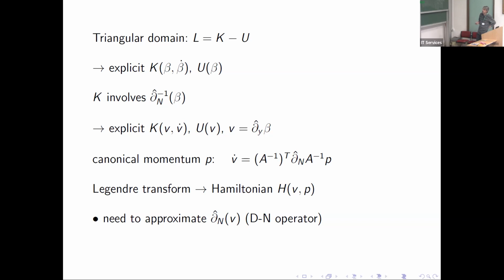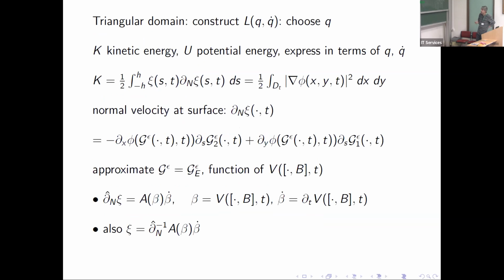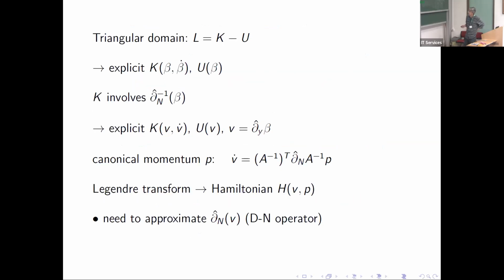In other words, the Dirichlet-Neumann operator, just as in Zakharov, maps the boundary data to the normal derivative. And here we have an explicit expression in terms of the velocity, but what we need is to see what is this object in terms of the boundary data of the potential. So this needs to be approximated.